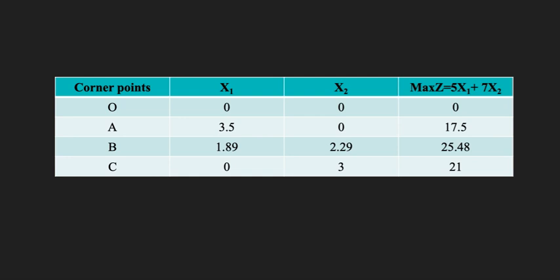Hence we can say the maximum value of z occurs at point B where x1 is equal to 1.89 and x2 is equal to 2.29, right? So this is the max z value, 25.48, because this is the highest value of all the values that we have calculated for max z.